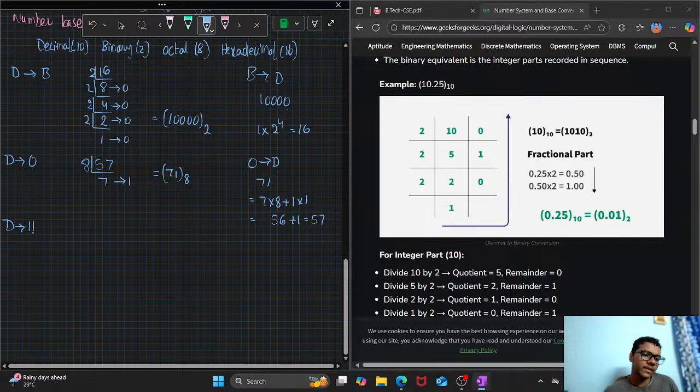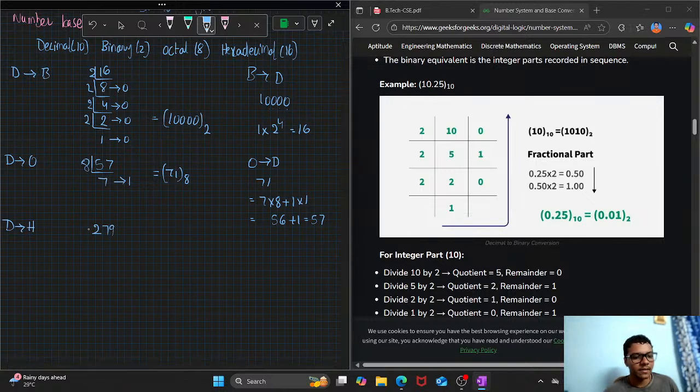And decimal to hexadecimal, how do you do it? Consider a big number, 279. Just divide it by 16. 16 ones are 16, 4 plus 7, that is 11, 119. 16 4s are 64, 16 6s are 96, 16 7s are 112.